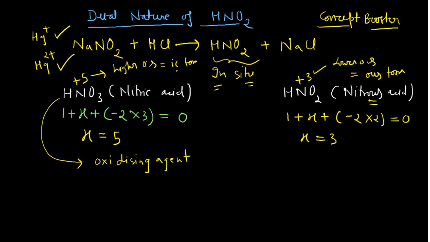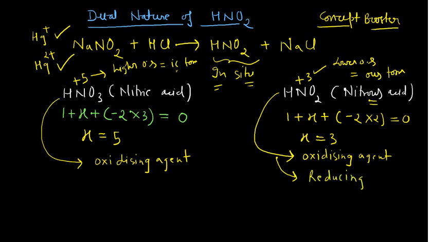While HNO2 can act as an oxidizing agent, it can also act as a reducing agent depending upon the type of reaction. So that means it acts as both an oxidizing as well as a reducing agent. This means it has the dual nature or dual behavior.